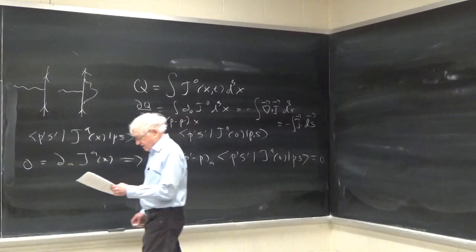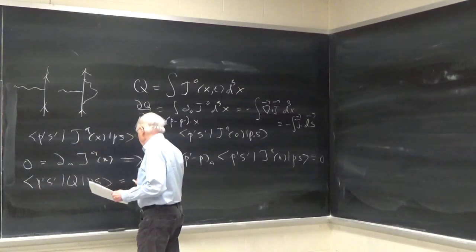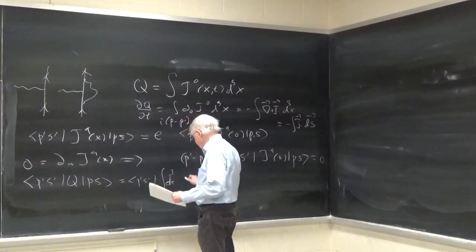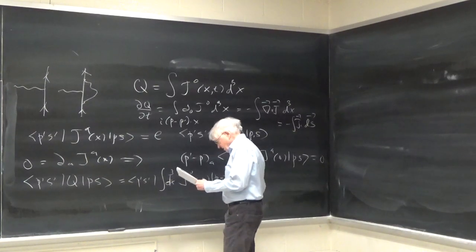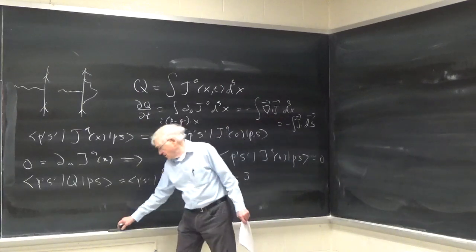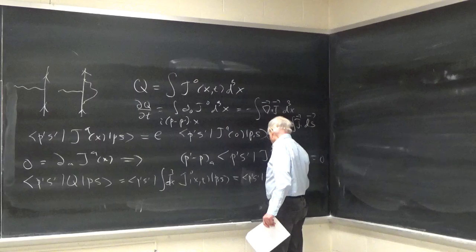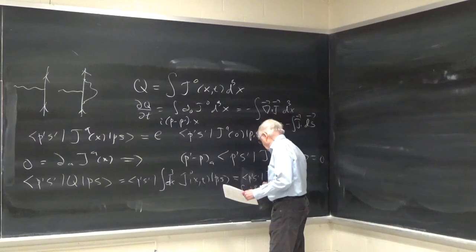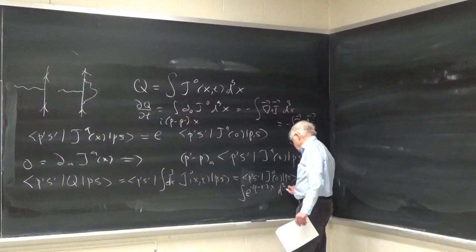Now suppose we take the matrix element of the charge operator, ⟨P'S'|Q|PS⟩, and this then is ⟨P'S'| ∫d³x J^0(x,t) |PS⟩, and this then, of course, is ⟨P'S'|J^0(0)|PS⟩ times an integral of e^{i(P-P')·x} d³x.